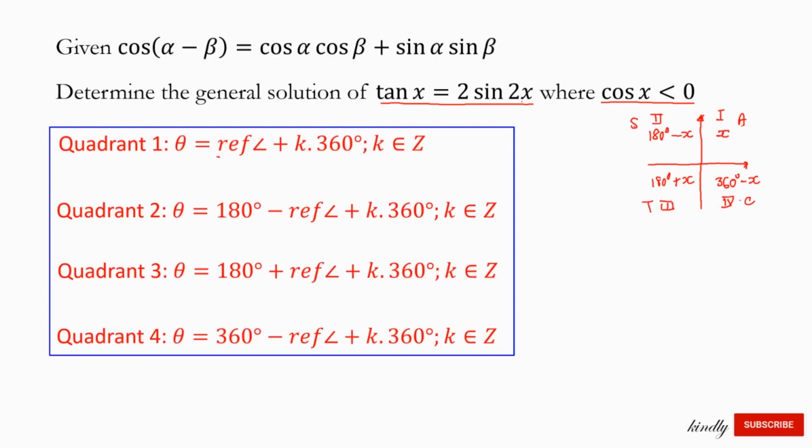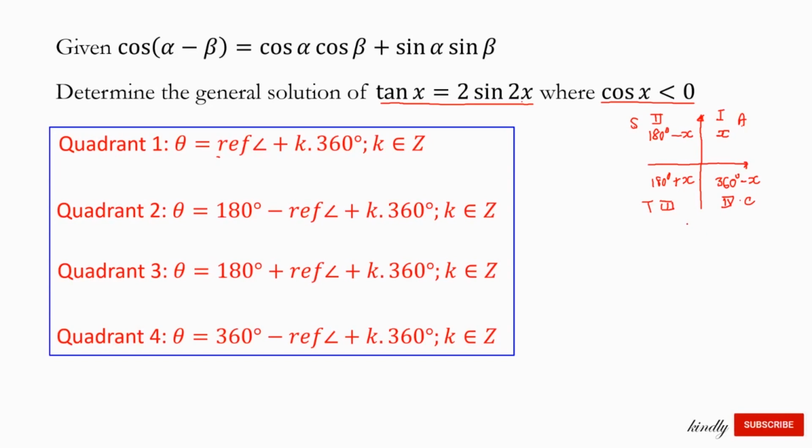And then quadrant 4, we have 360 degrees minus the reference angle, the same as 360 degrees minus x, plus k times 360 degrees, where k is an integer. I want you to take note of this before we even do our solution.